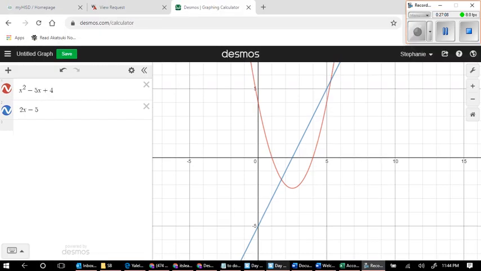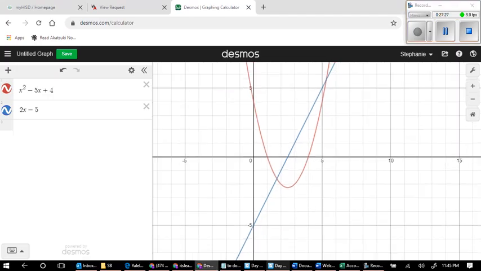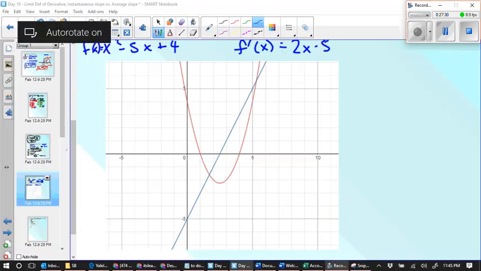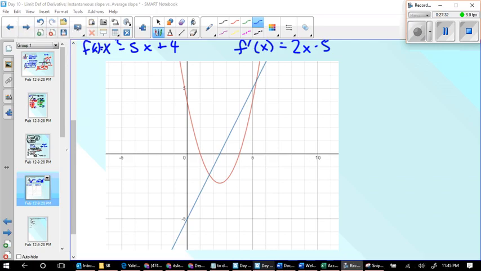Let's graph those both on the same graph on either Desmos or a calculator. Here are the graphs of each one. My red graph is my quadratic, the x squared minus 5x plus 4, which is my f of x, and the blue graph is the derivative of that, f prime, and it's linear.